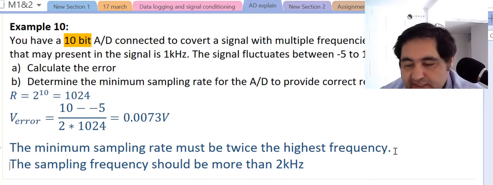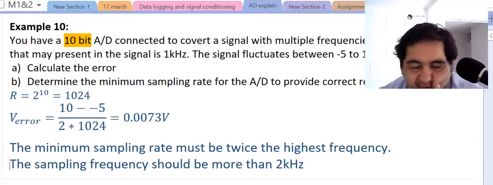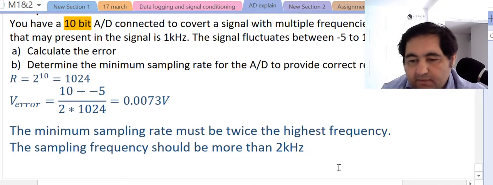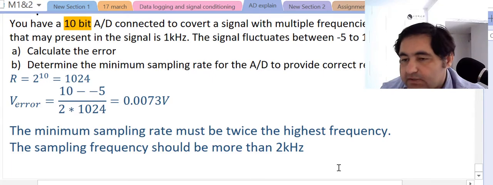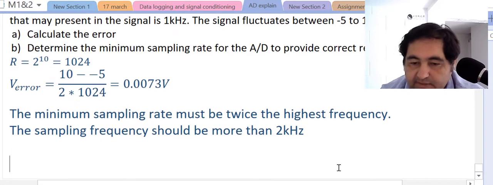So I would go much above the signal that was given here.